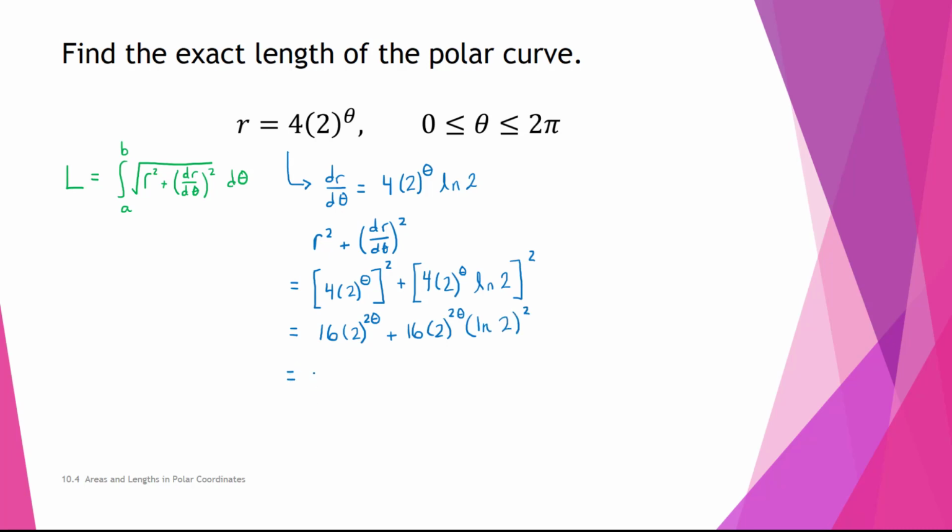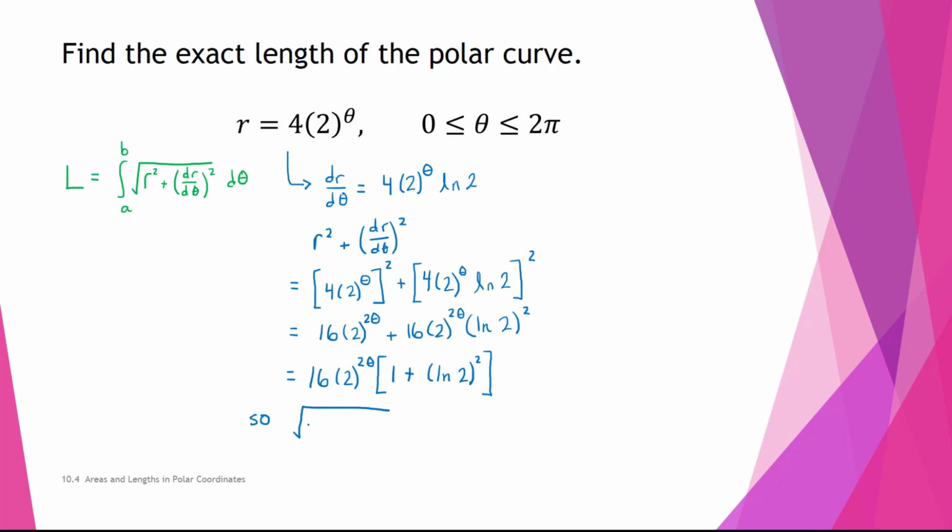Now I notice that I can factor out 16 times 2 to the 2 theta, and my other factor is 1 plus (natural log of 2) squared. So the expression I just found is r squared plus (dr/dθ) squared.